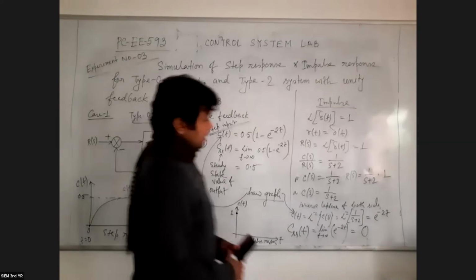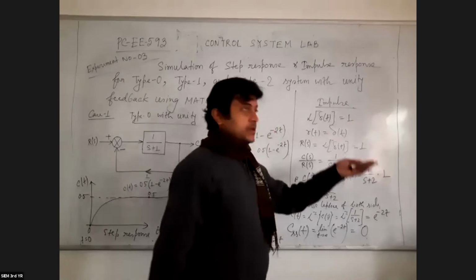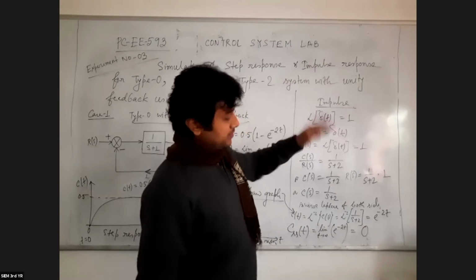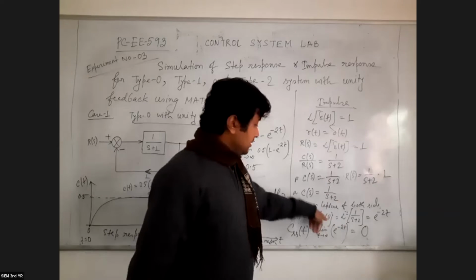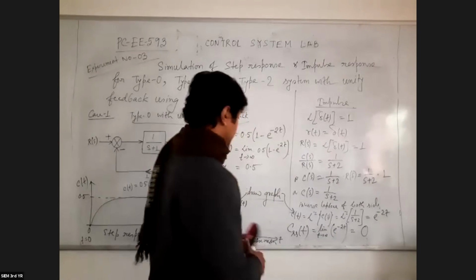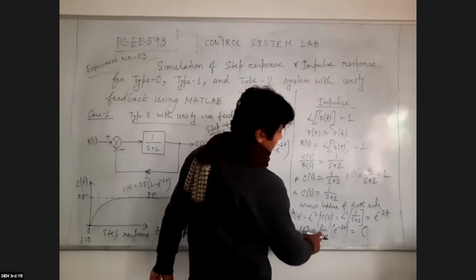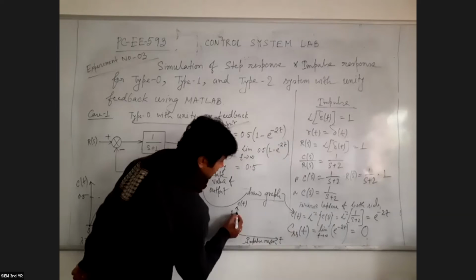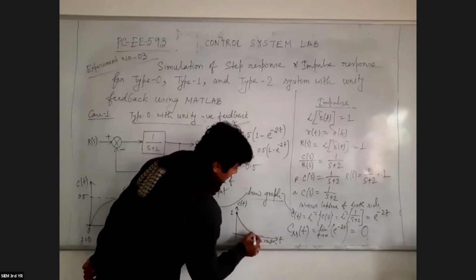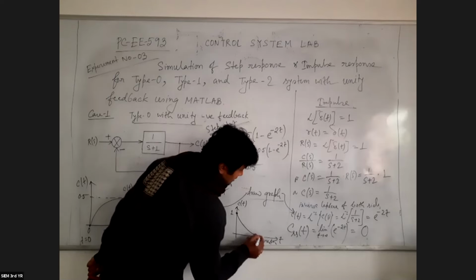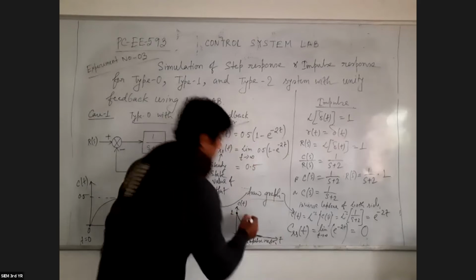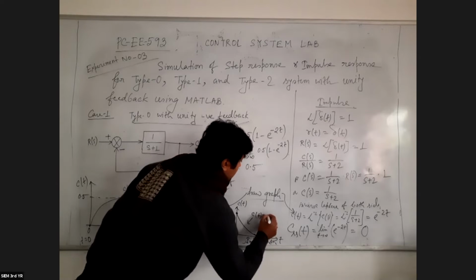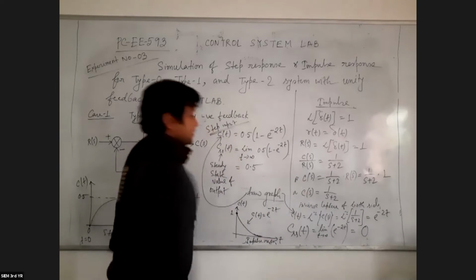Clear? And if you put 0.1, 0.2, 0.3, 1, 2, 3 up to 10, you get an exponential decaying curve. And for t tends to infinity, the value becomes 0. This is the curve of c(t) equals e to the power minus 2t.